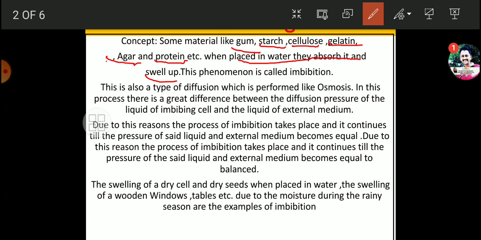They absorb the water and swell up. This phenomenon is called imbibition.